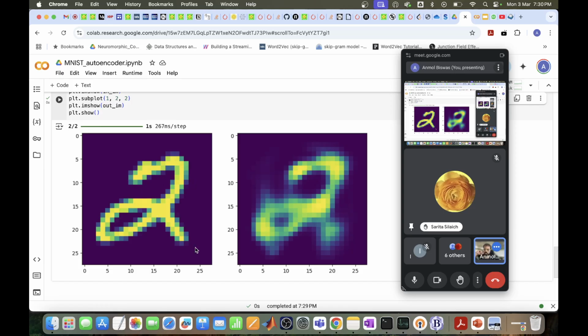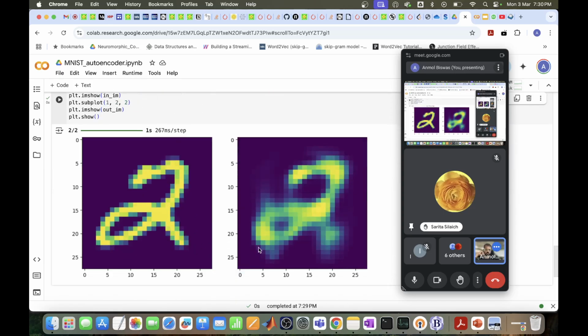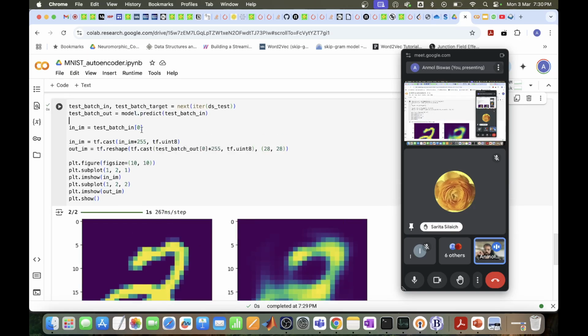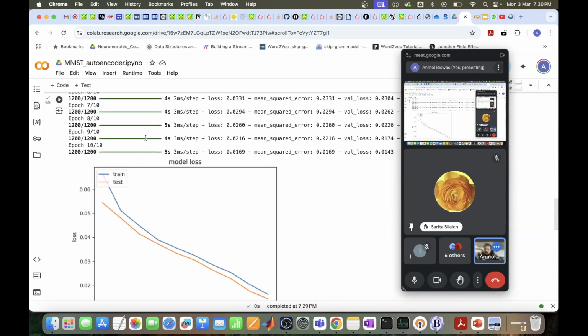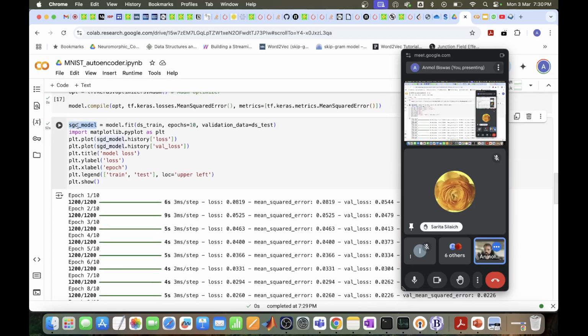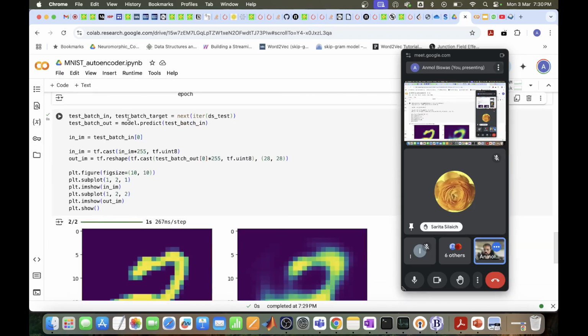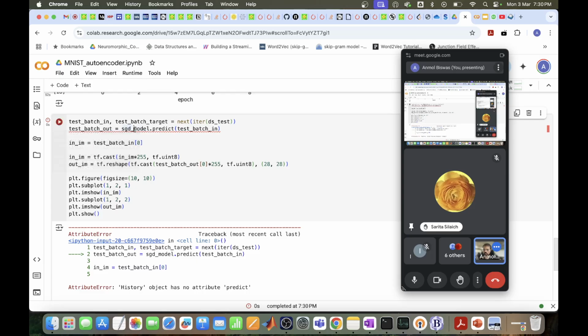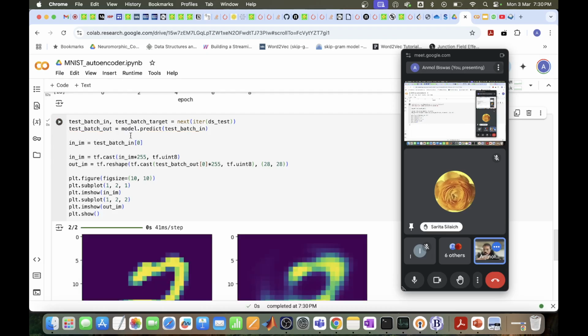So this does approximate what you are getting over here, and we can see some other examples as well. So we have 50 examples.